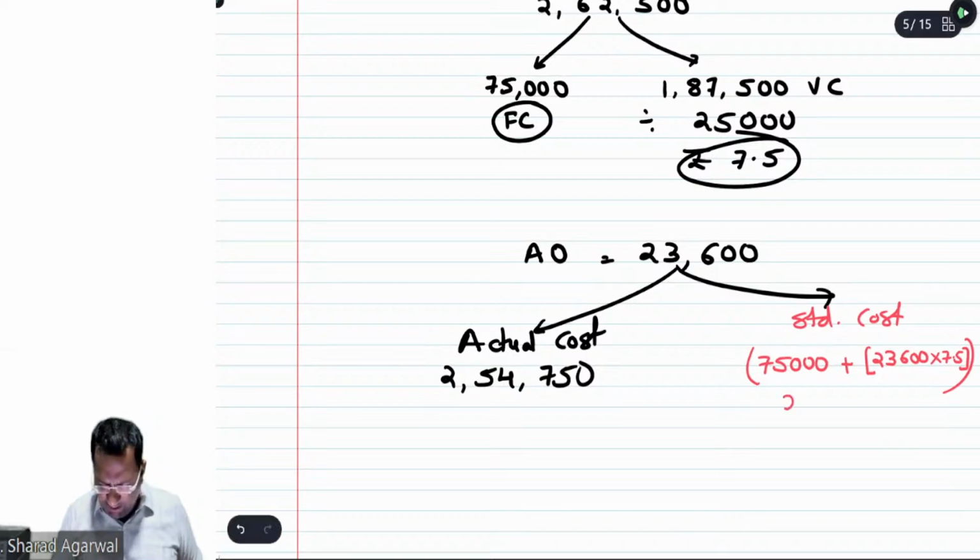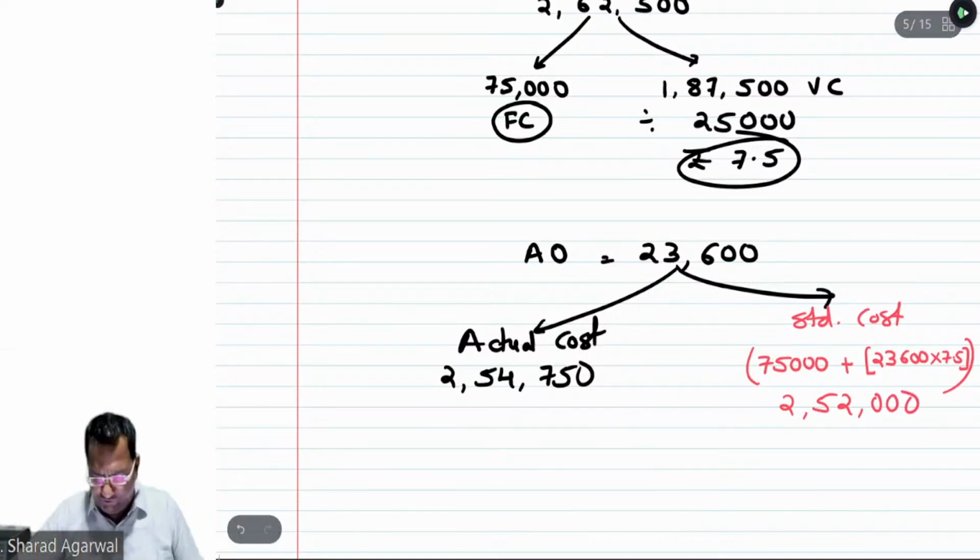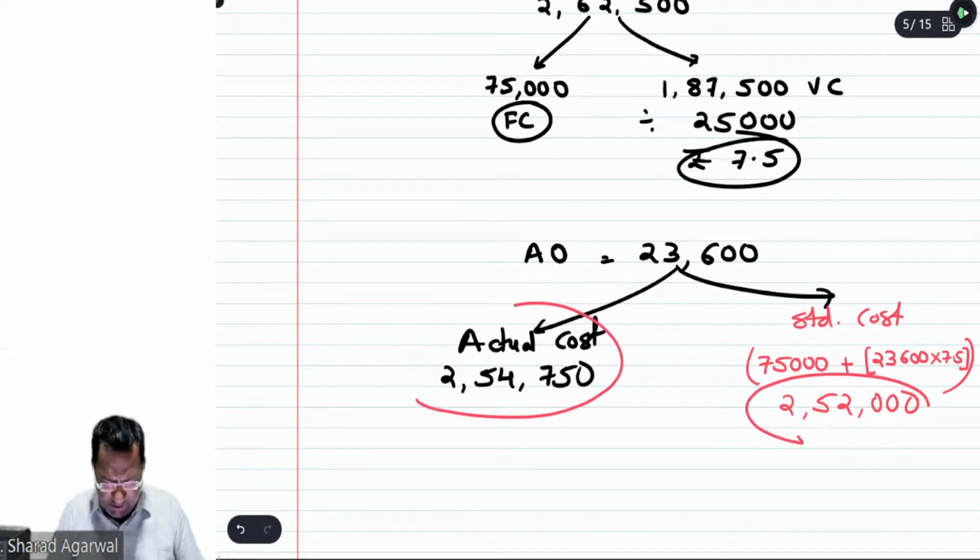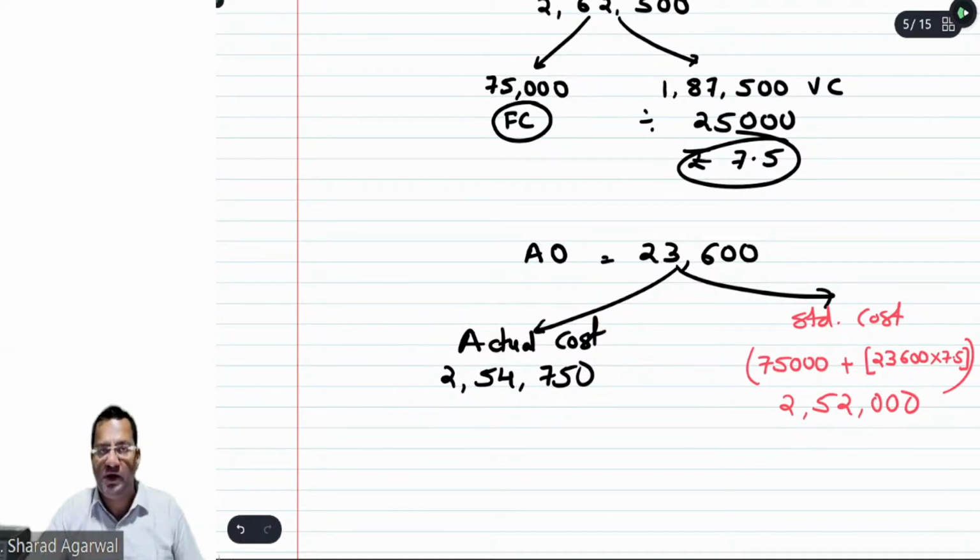So it is 2,52,000. तो जो actual output आया है 23,600, the cost should be 2,52,000, while the department has incurred 2,54,750. So there will be an adverse cost variance of 2,750 if the department is regarded as the cost center of the organization. Clear है बेटा पॉइंट आपको?